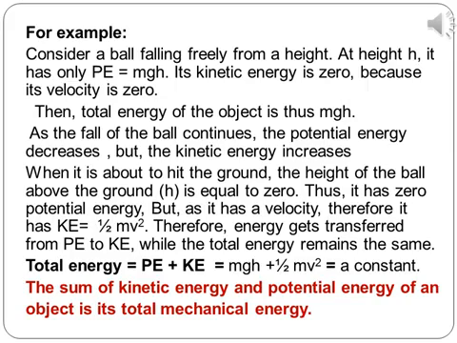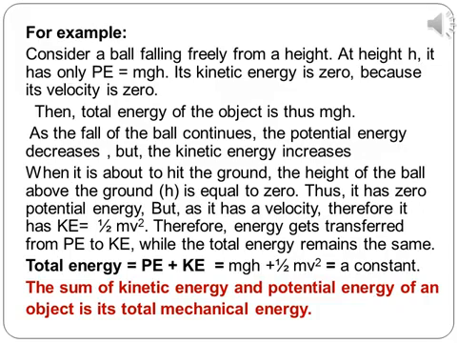As the ball continues to move downward, the potential energy decreases while the kinetic energy increases. By the time it is about to hit the ground, the height of the ball above the ground h is equal to 0. So, it has 0 potential energy, but as it has a velocity, it has kinetic energy equal to 1/2 mv².